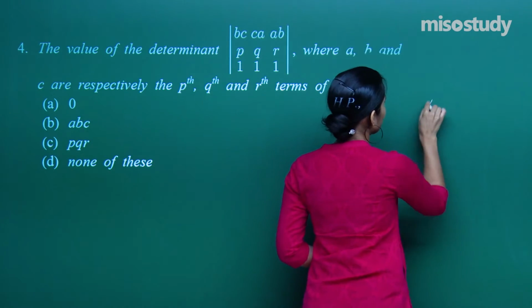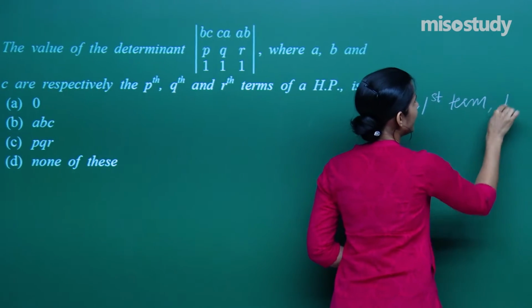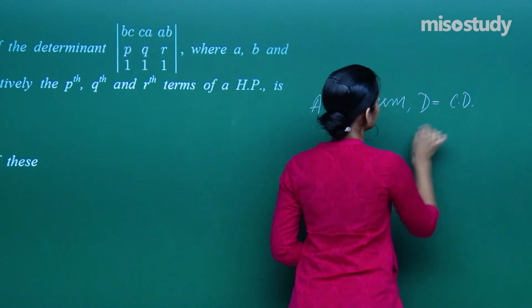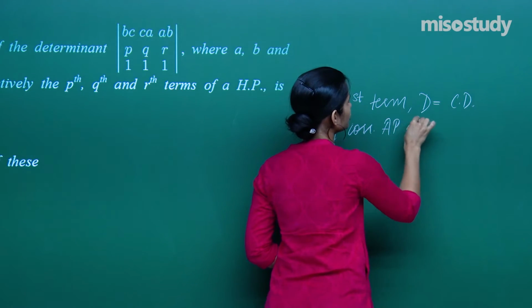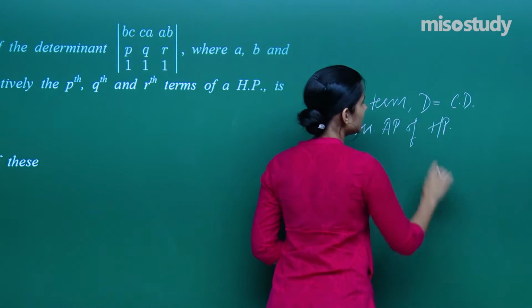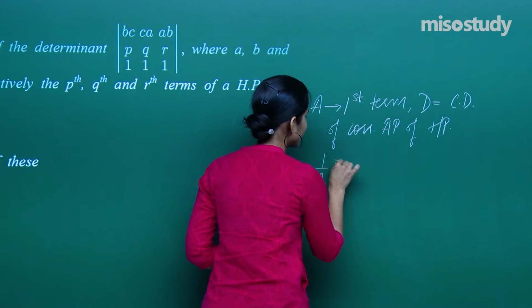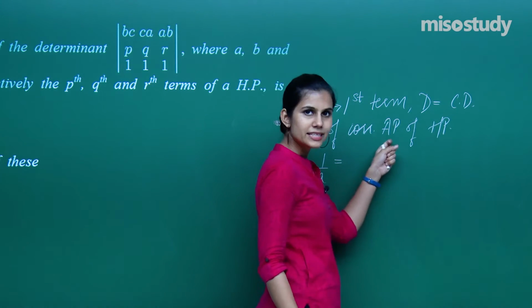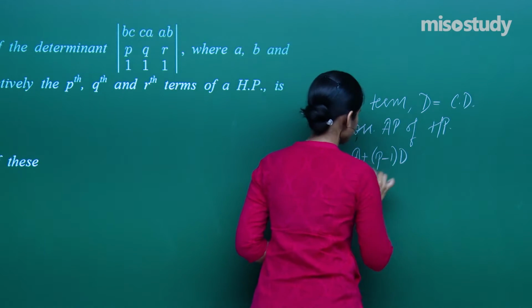So let A be the first term and d be the common difference of the corresponding arithmetic progression of this HP. Then if small a is the pth term of this HP, then 1 upon a is the pth term of this AP, which is A plus (p minus 1)d.